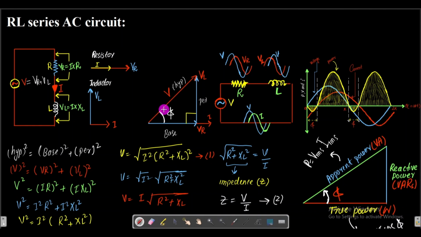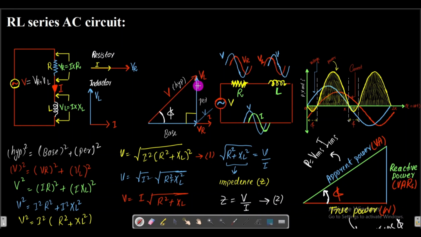So here we can put this phi. If the phi is present here, then the voltage will be given by this.